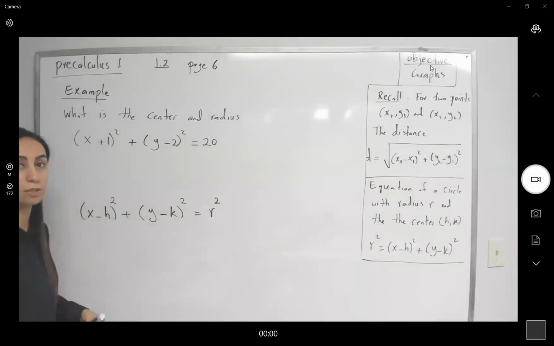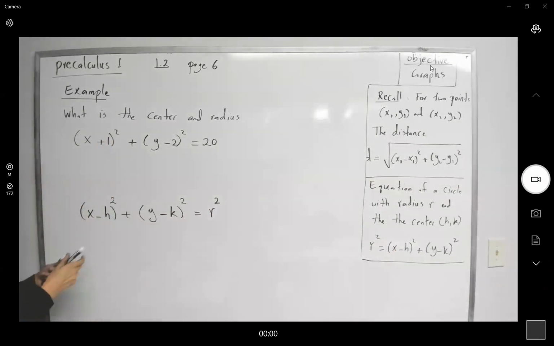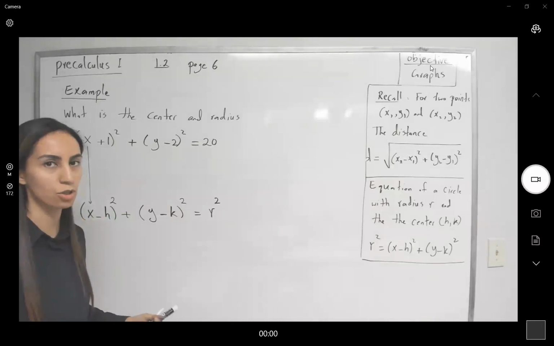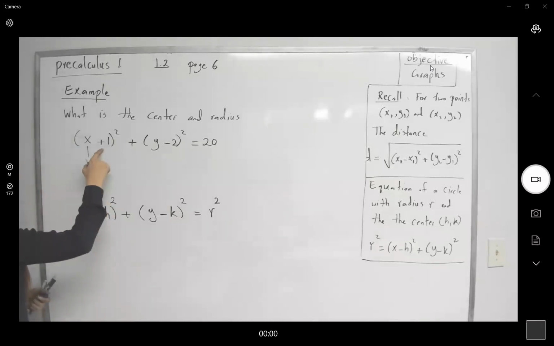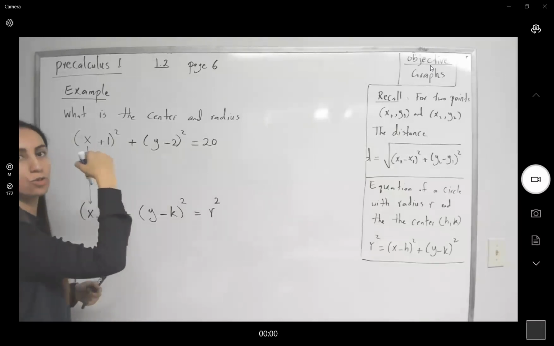So do I have x? Yes, I have x. Do I have a minus sign? I don't have a minus sign. So what should I do? I should convert this plus sign into a minus sign.